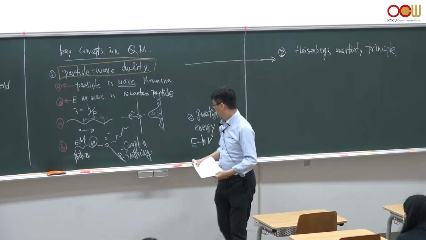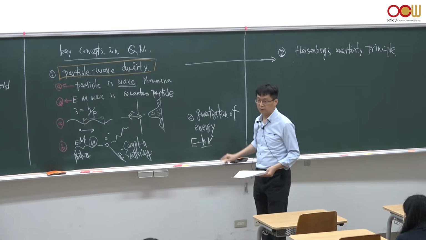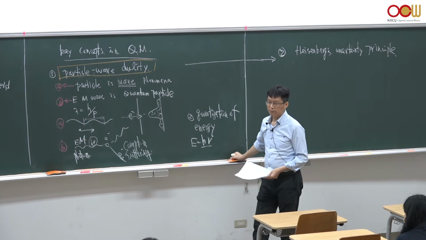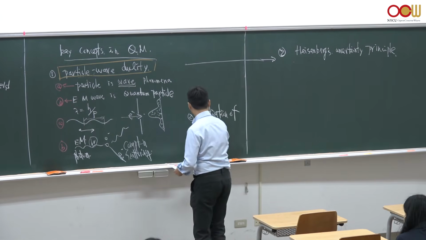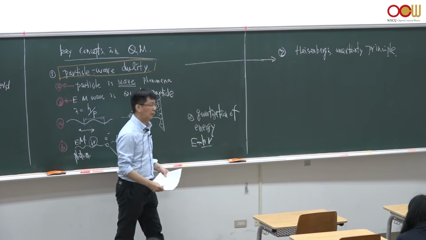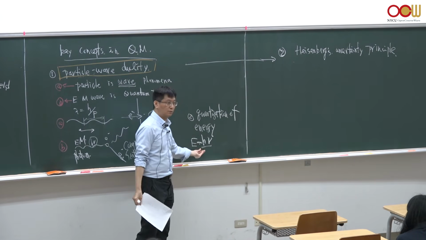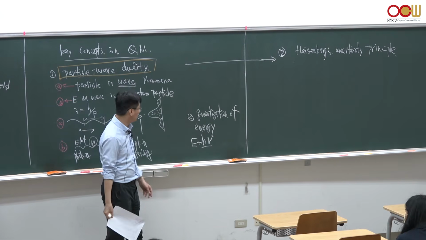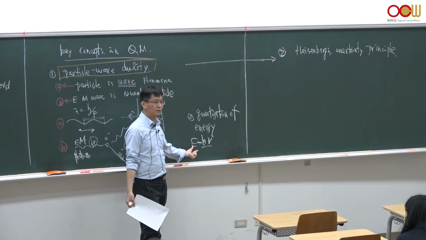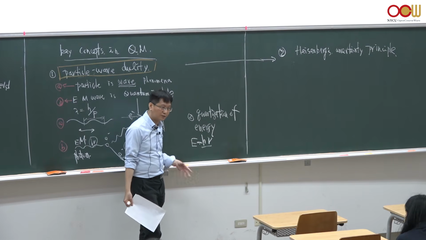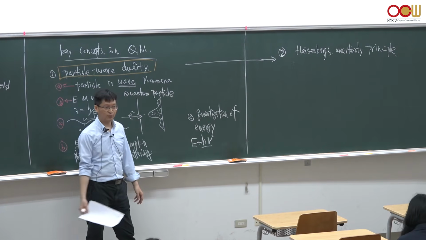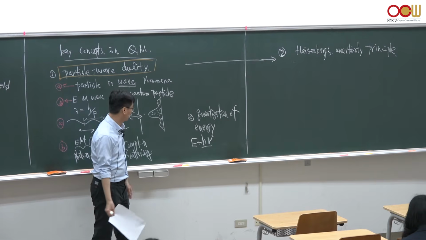For example, h nu represents the single photon energy, or the energy of an electromagnetic wave in the quantum mechanics sense. You can count this quantum particle by counting the energy of h nu, and therefore only integer multiples of h nu are allowed in electromagnetic wave systems in the quantum world.